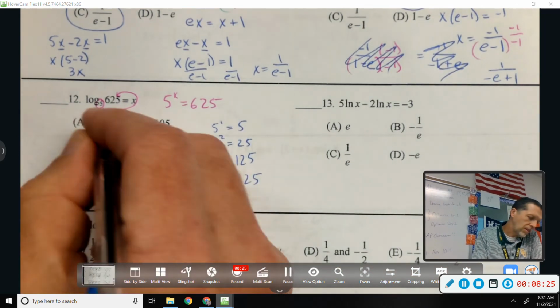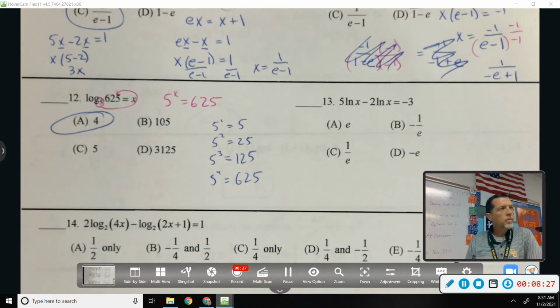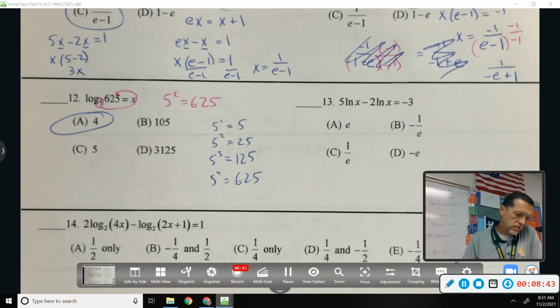So that means x is 4. So condense, fishhook. That's most of them. Condense and then fishhook. And then don't mess up the algebra after that.